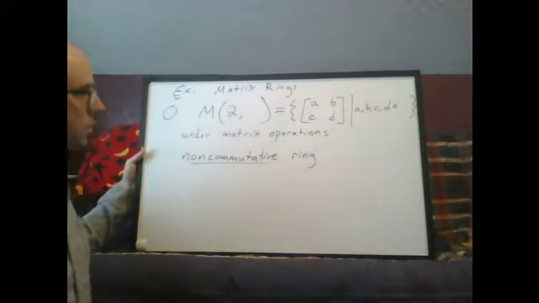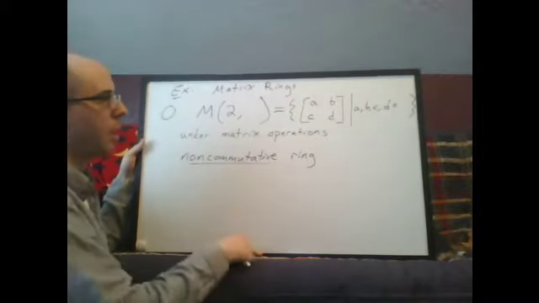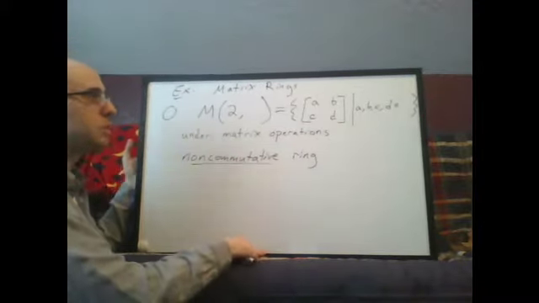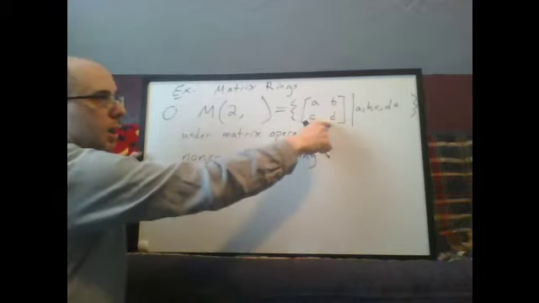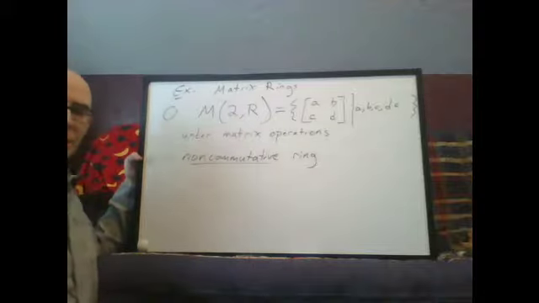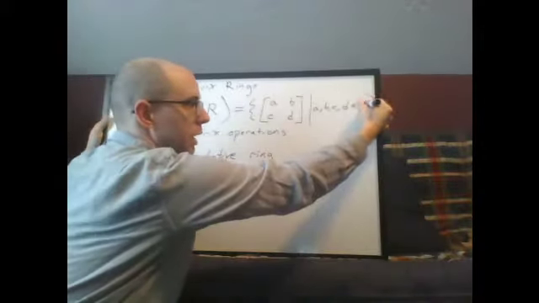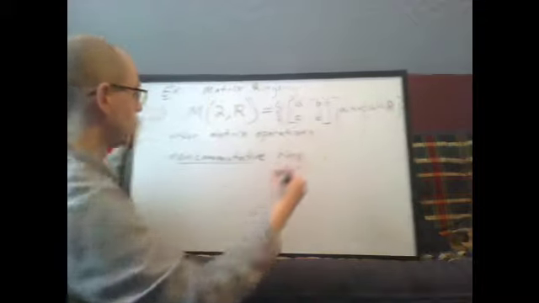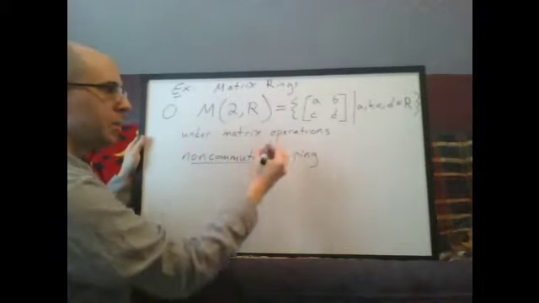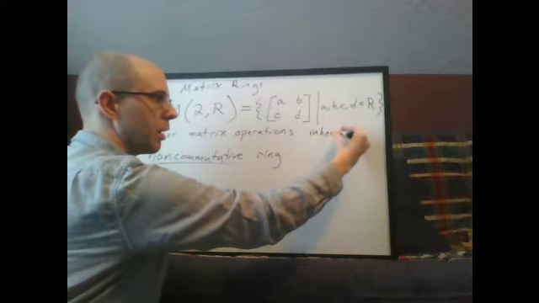So there's nothing really special about R here, that the real numbers are. I can make matrices using elements of any ring. So I'm replacing the fancy R with the ordinary R for just an arbitrary ring, capital R. But now the matrix operations are inherited from the ring R.